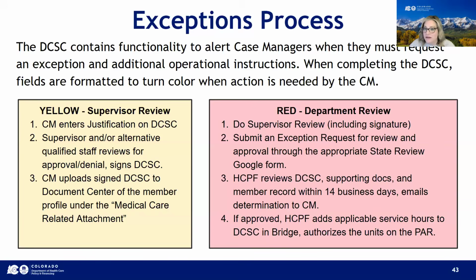The cells will turn yellow when the hours that have been entered are above the maximum task standard. This is when you're going to need to get your supervisor involved. Cells will turn red when the total service hours or task hours for protective oversight, because we have a little bit of an outlier there, are over the service thresholds. We're going to take a closer look at the supervisor review first.